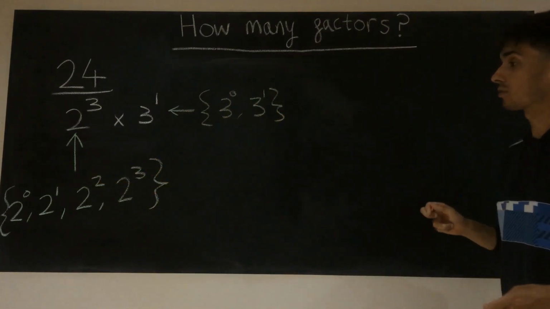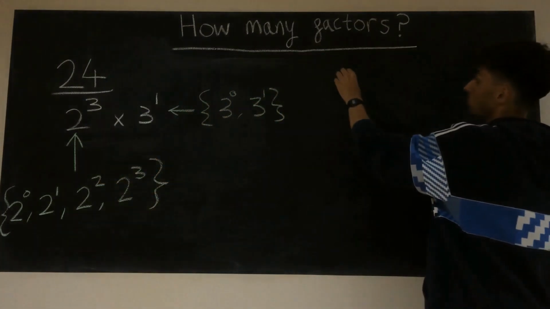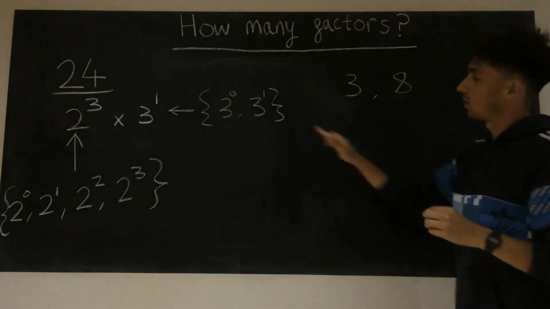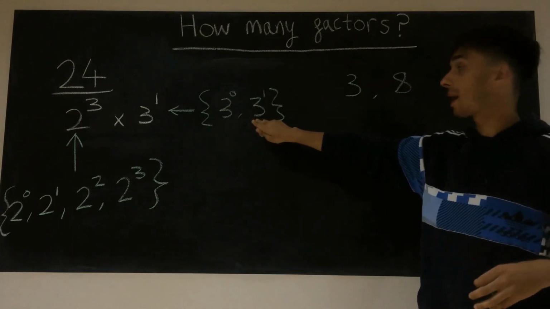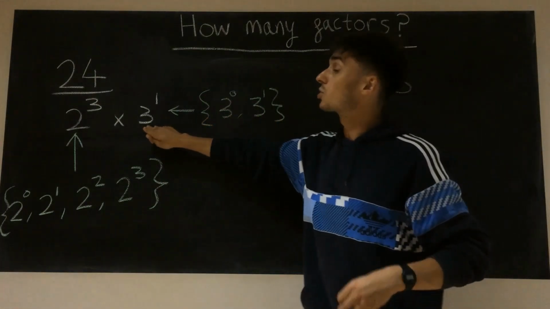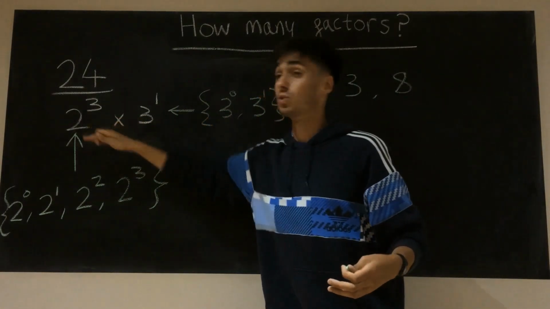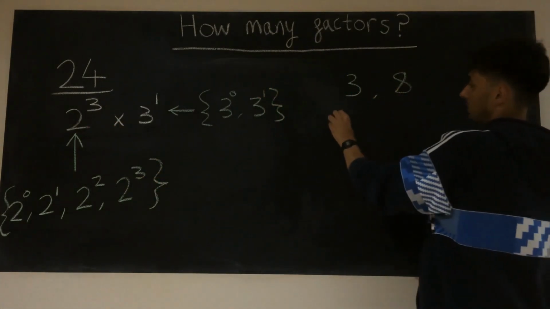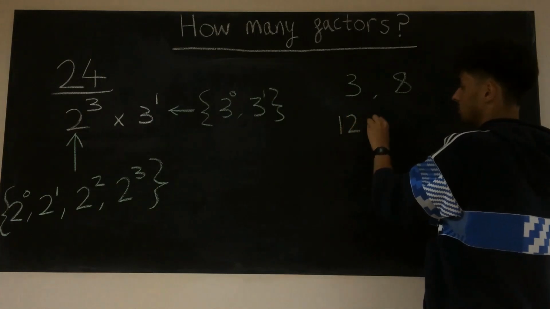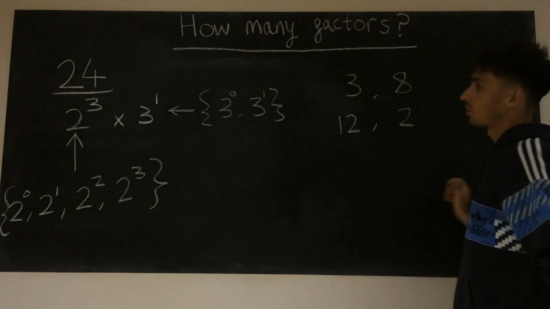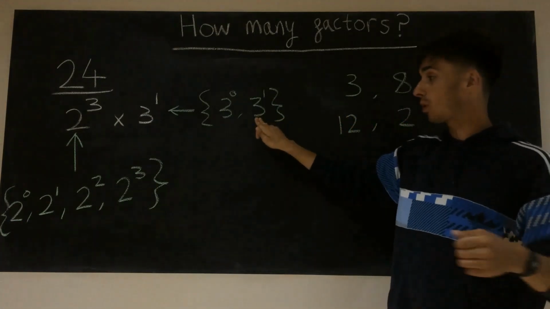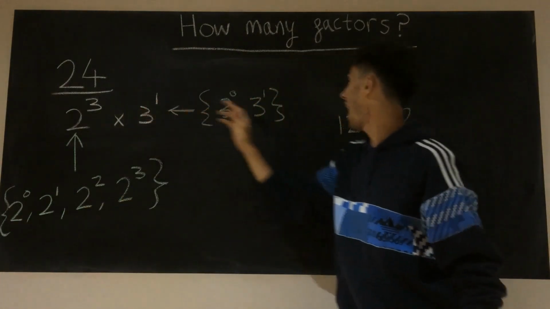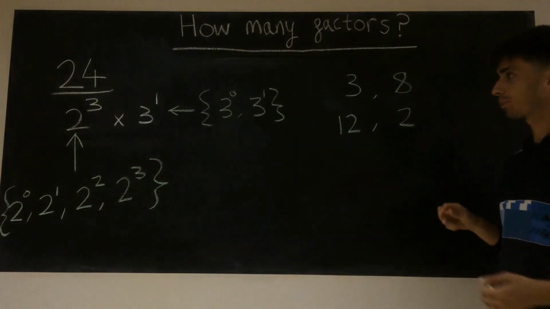So an option for us, if we consider, for example, 3 and 8, well, we chose our 3 to the power of 1 from here, so the other number has to be 2 to the power of 3. If we think about a different pair, like 12 and 2, well, we took a 3 to the power of 1 and a 2 to the power of 2, so the other number had to be 2 to the power of 1.